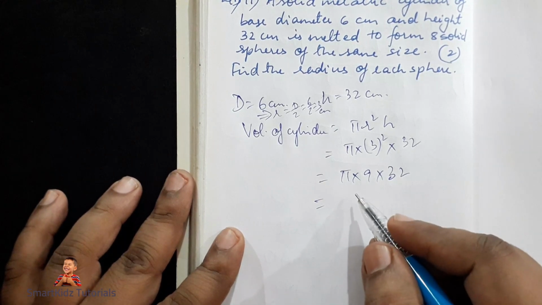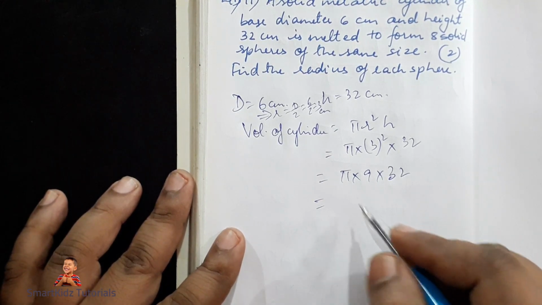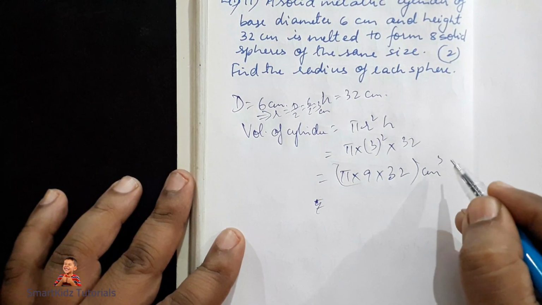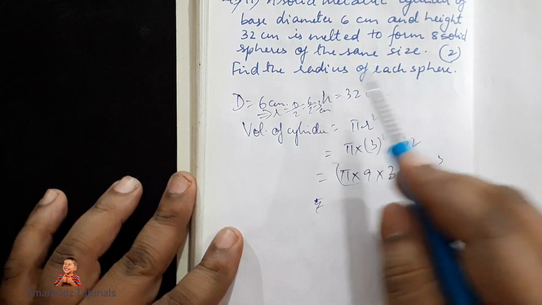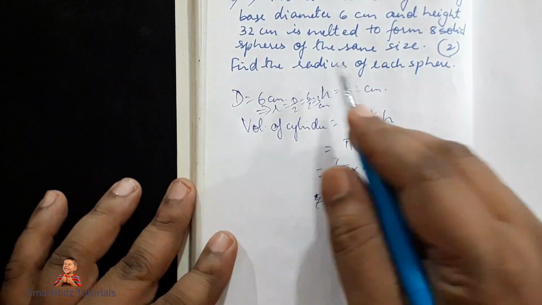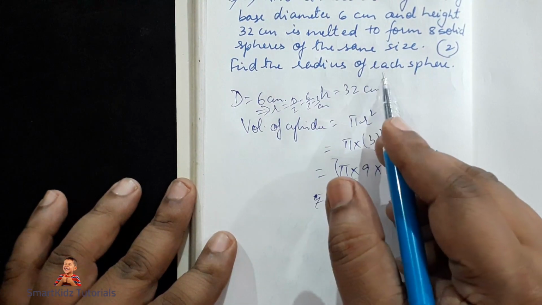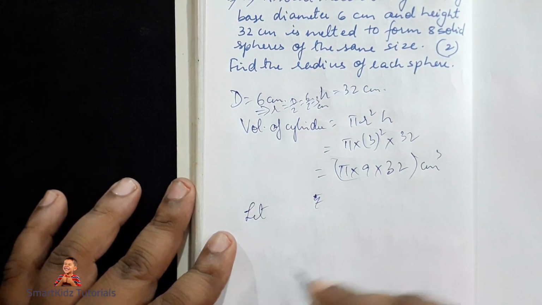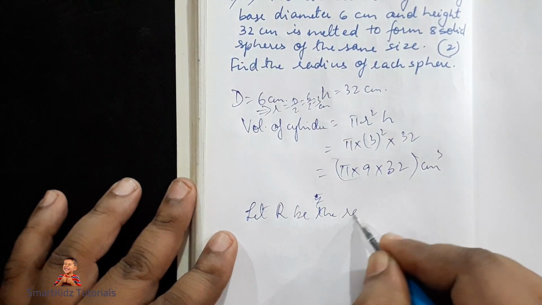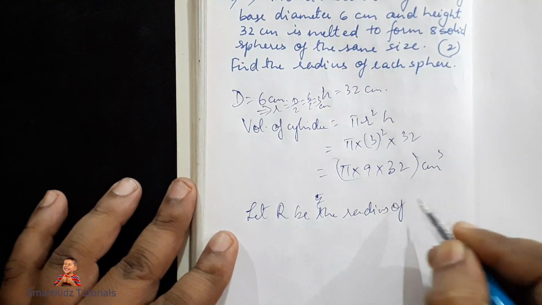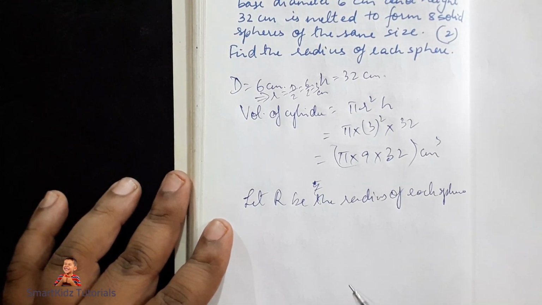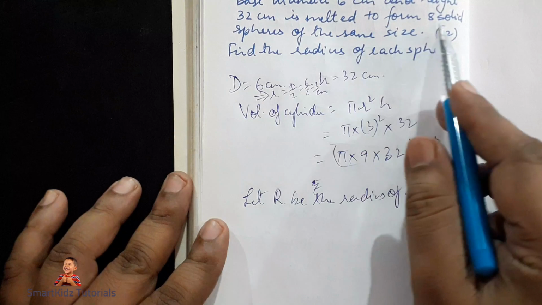I'm just going to leave it like this, in centimeter cube. Now let capital R be the radius of each sphere. We are told that there are 8 solid spheres.